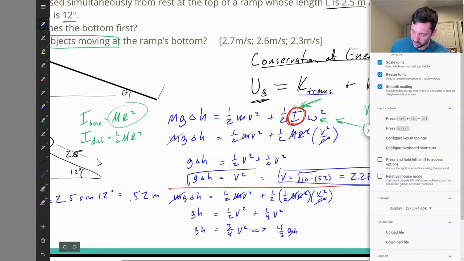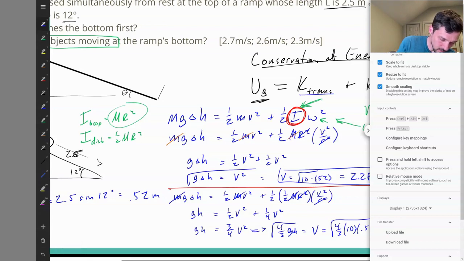I keep leaving the delta off, but it's always there. Square root that, and so we got 4/3 times 10 times the height, which was 0.52, square root of all that, is 2.63 meters per second.